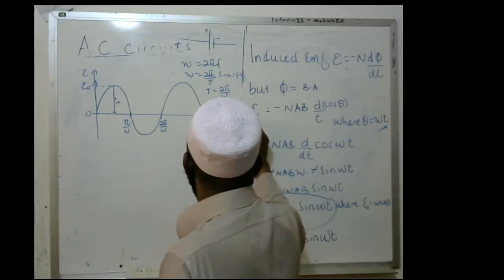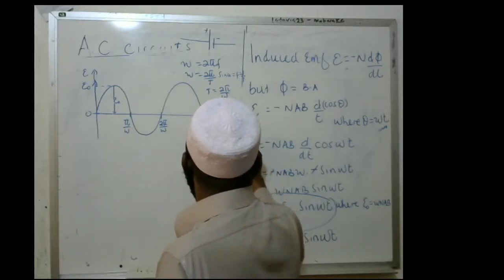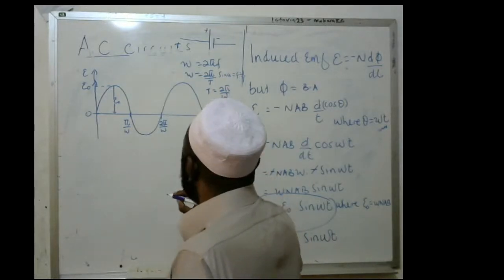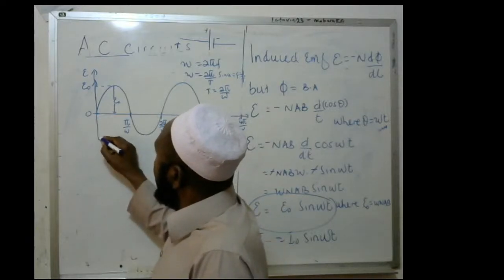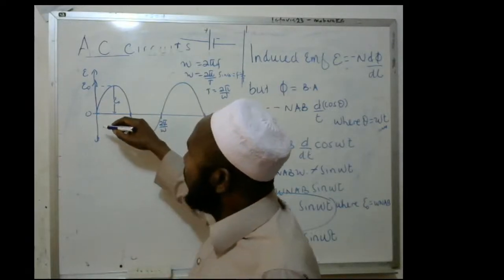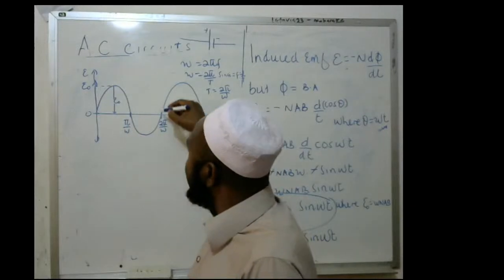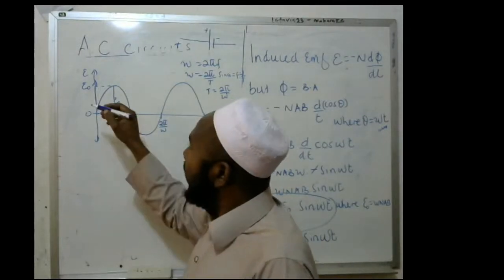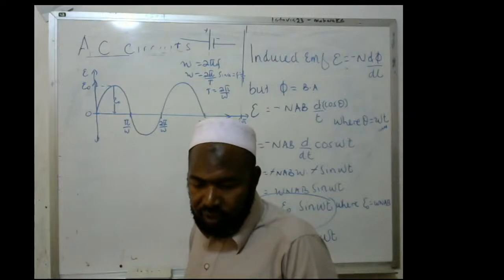That is going to be 4π over W. And this is the time axis in seconds. So, the alternating current varies as the sine curve with the voltage.